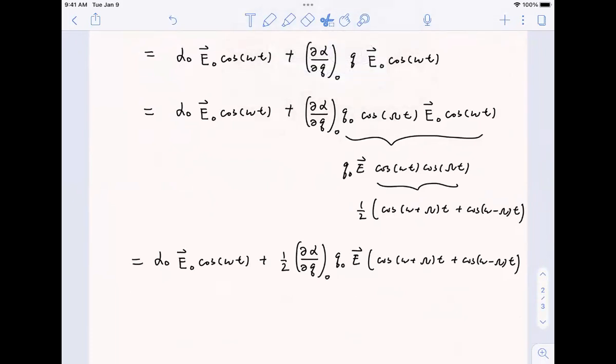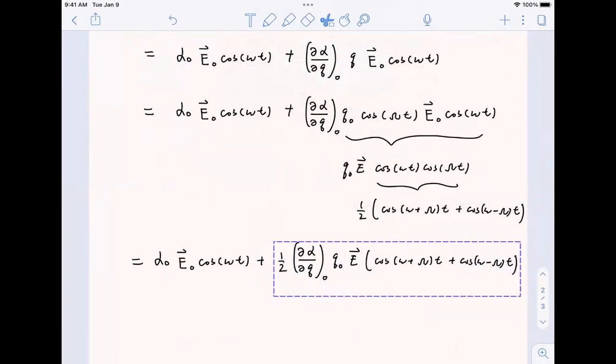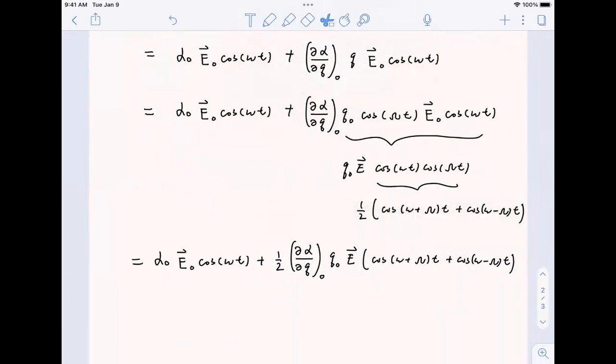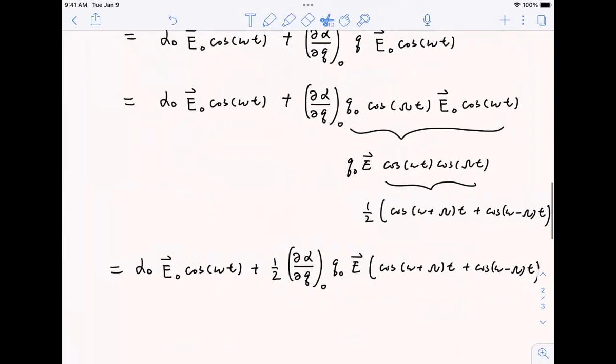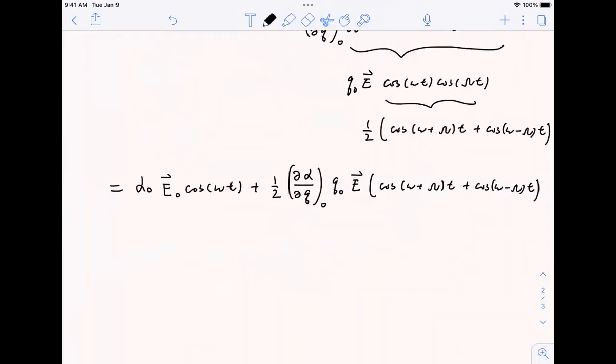Okay, so now look at this equation. Look at this equation. You have more than one frequency now. So this one has the same frequency. So we call this the elastic scattering. Or you call it the Rayleigh scattering. Rayleigh scattering.